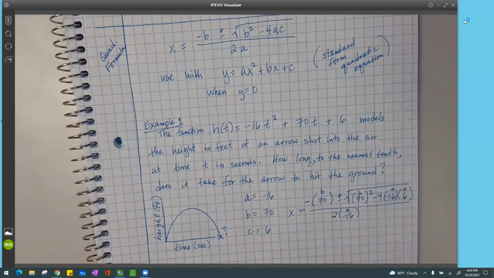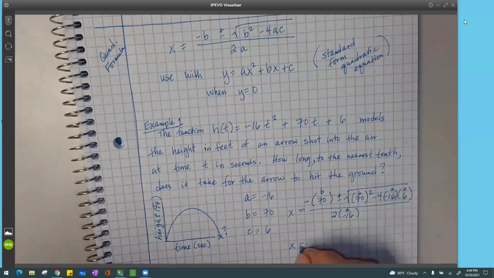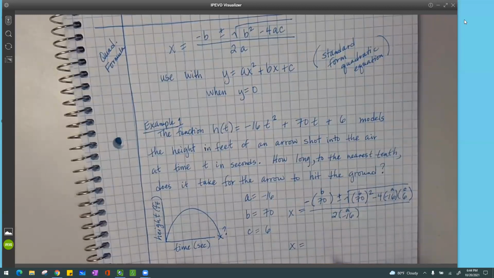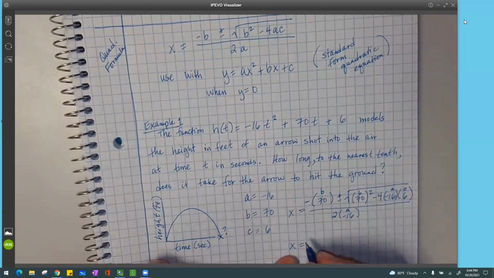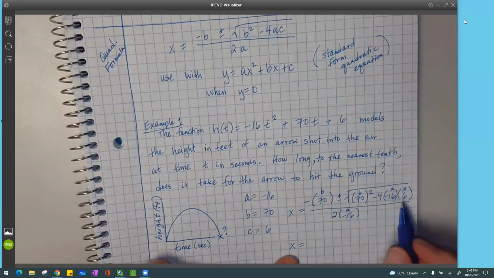What I recommend for simplifying this is to not rewrite it and rewrite it. Well, we will rewrite it, but only 2 times. So I can simplify this and take some of the parentheses out and do some consolidation.